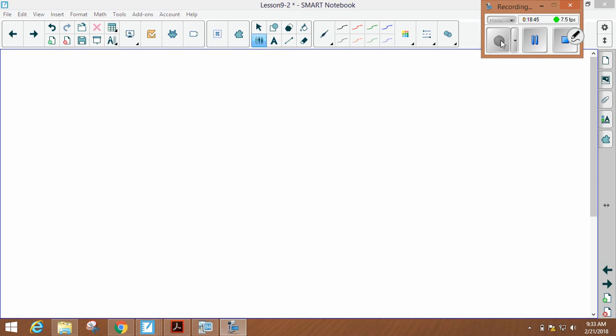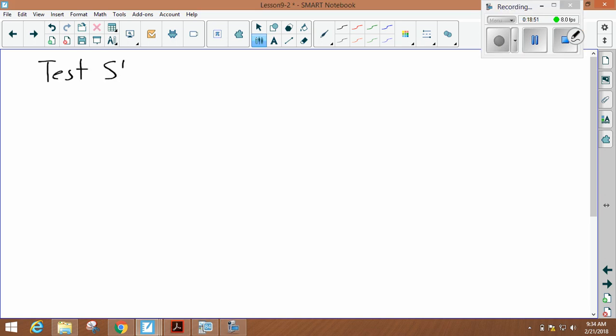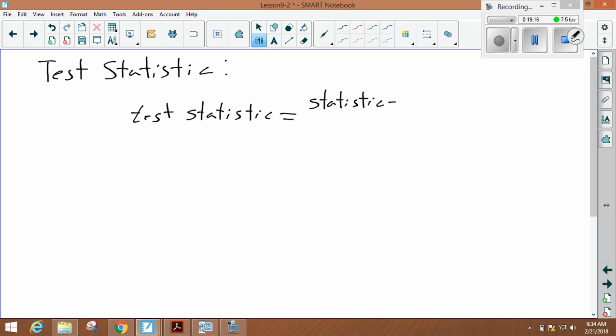A test statistic is going to be the statistic minus the parameter, all divided by the standard deviation of the statistic.